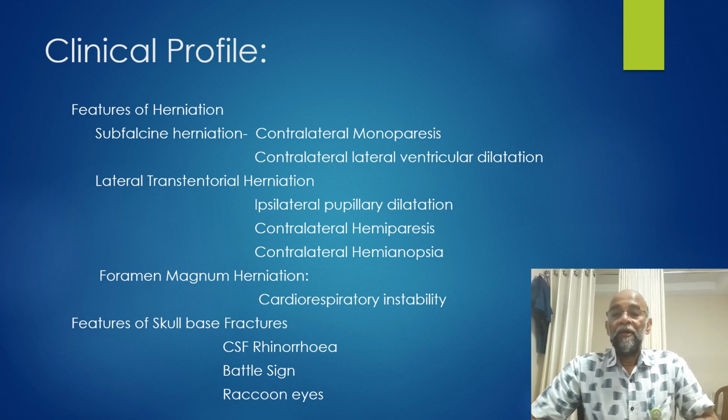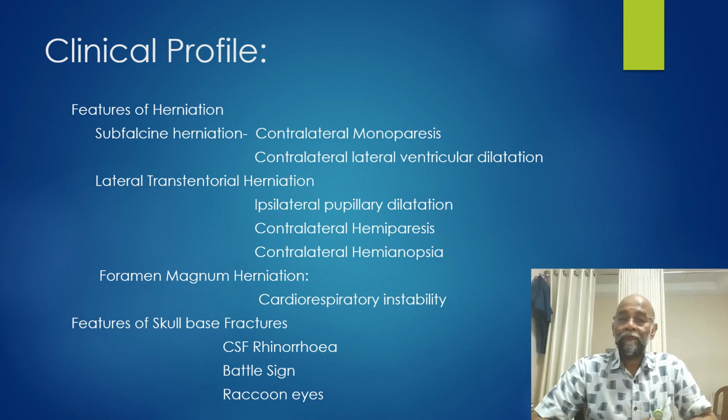Continuing with the clinical profile, we have already discussed the clinical features of herniation. Subfalcine herniation results in contralateral monoparesis, ACA block, and contralateral lateral ventricular dilatation, foramen of Monro occlusion.